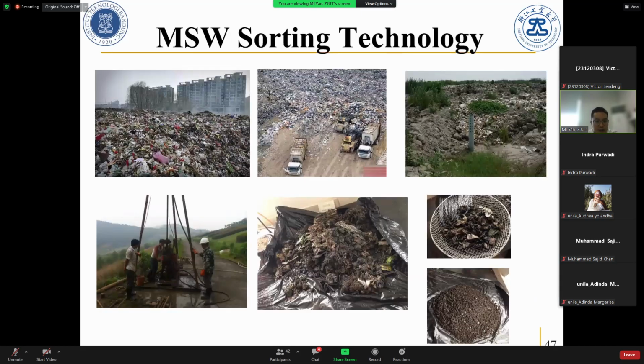Of course, if the MSW is not good, we can sort it. We can sort the raw MSW. We can also sort the dug MSW. This is a demo dig in Hangzhou, after maybe 5 or 10 years, landfill in the site. We separate or sort it, because now many cities have started to dig up the landfill, as the landfill has already become part of the center of the city.